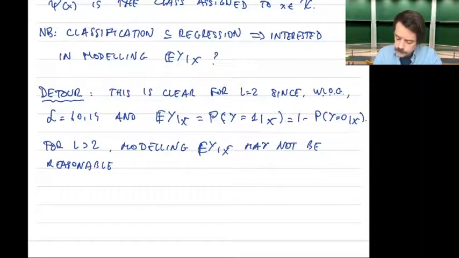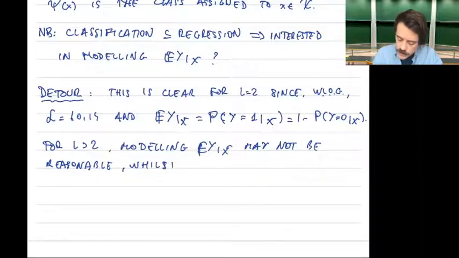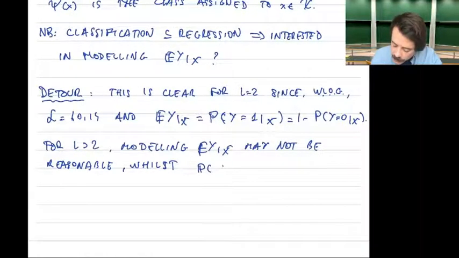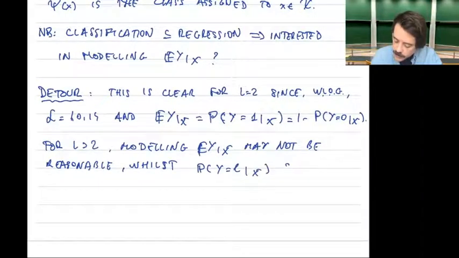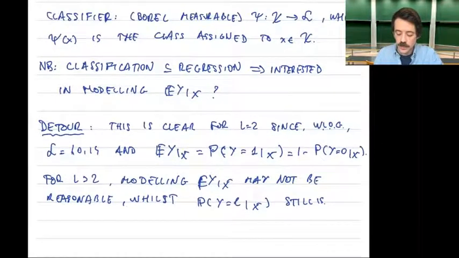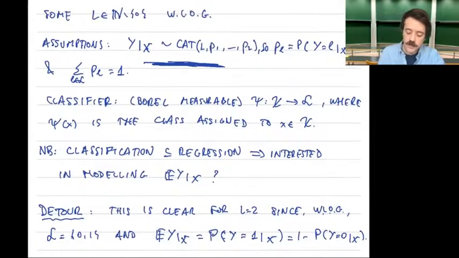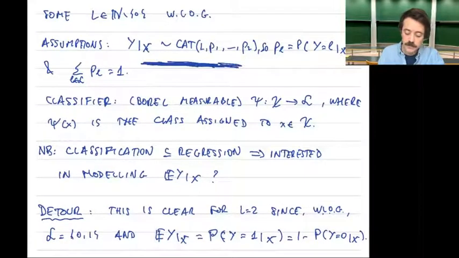However, modeling the probability of y being equal to L is still sensible. This is really something that we would wish to do, because again, this will totally determine the data generating mechanism.